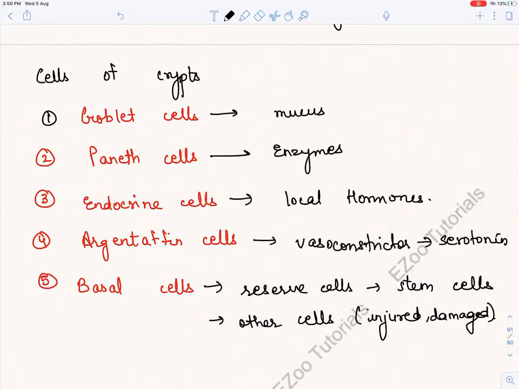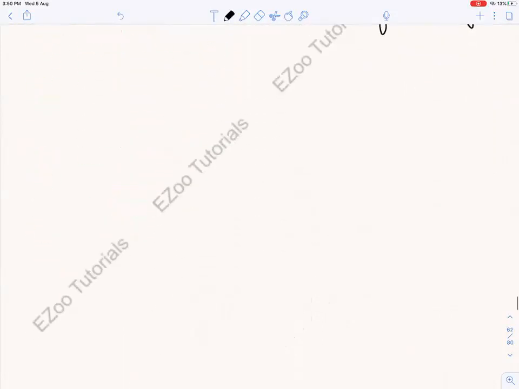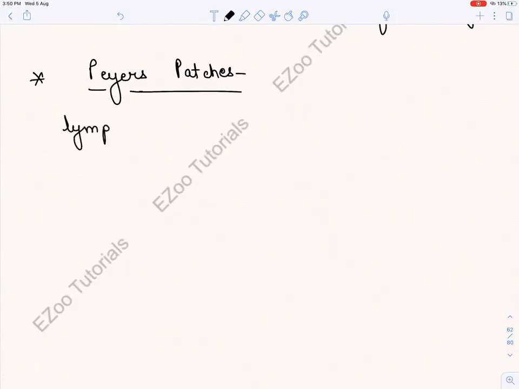And now we'll see one more thing in the intestine, that is known as Peyer's patches. What is Peyer's patches? These are lymphoid nodules which are present in the submucosa of what?